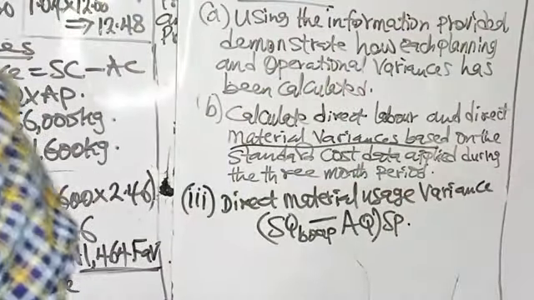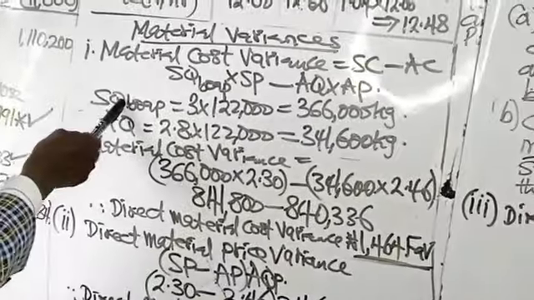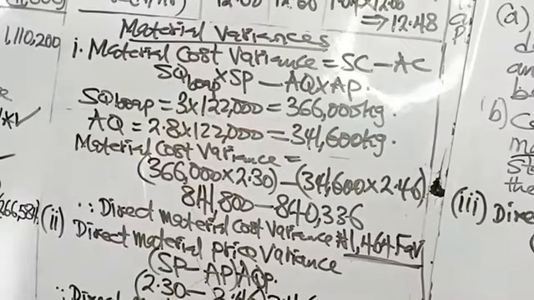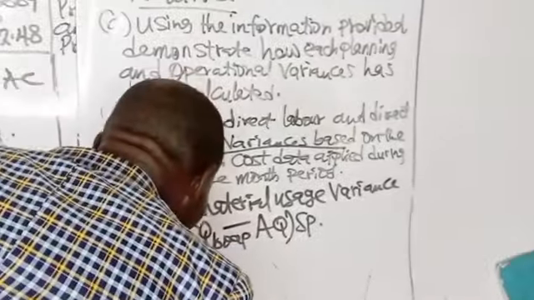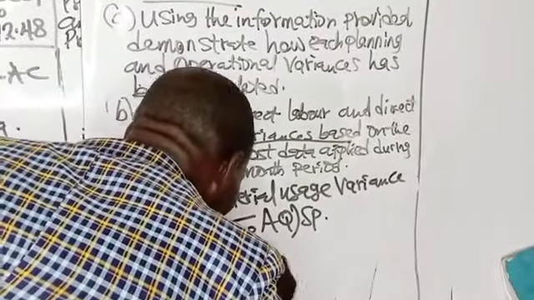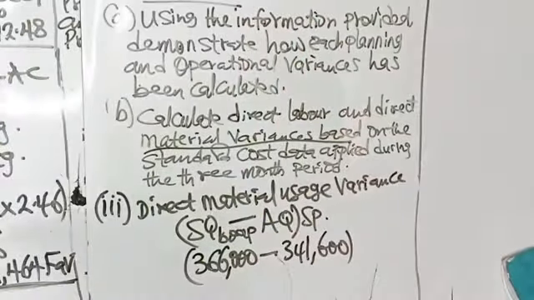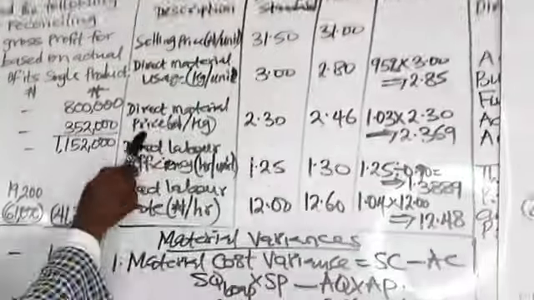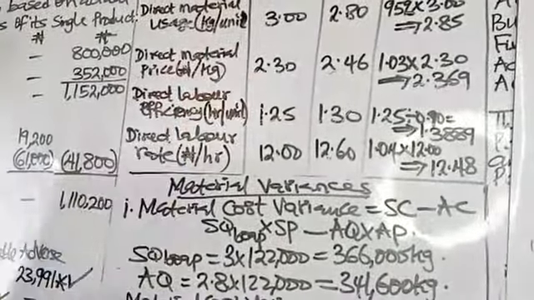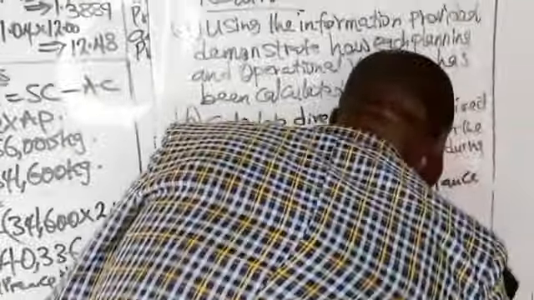Now, as determined earlier, the standard quantity based on actual production is 366,000, and our actual quantity is 341,600. So now let's have 366,000 minus 341,600 multiplied by the standard price. And what is the standard price of direct material? You have direct material price 2.30. So multiply by 2.30.